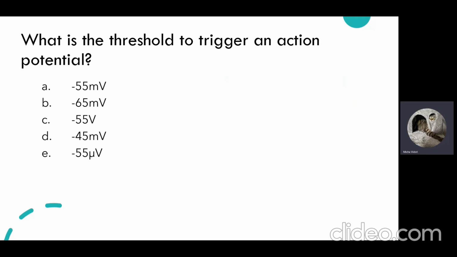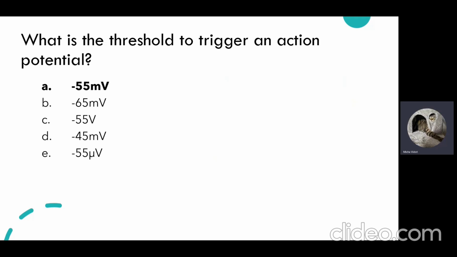Next question is, what is the threshold to trigger an action potential? Now, I won't read these answers out, and I will give you a few seconds. And the answer is minus 55 millivolts, which is A. And the reason I didn't read this out is because I want you guys to pay special attention to the symbols.